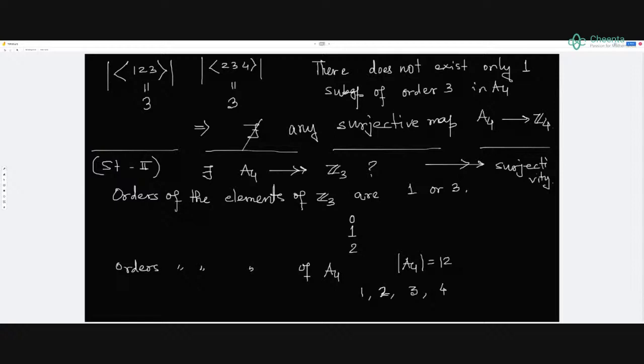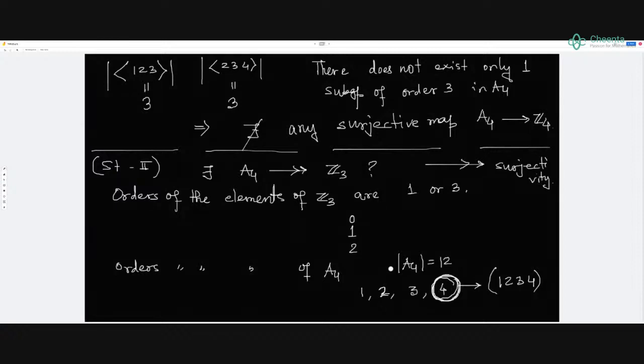Now the only problem is with 4. Okay, so what should we do about this 4? The element of order 4 in A4 is this (1 2 3 4). So what is the surjective map?